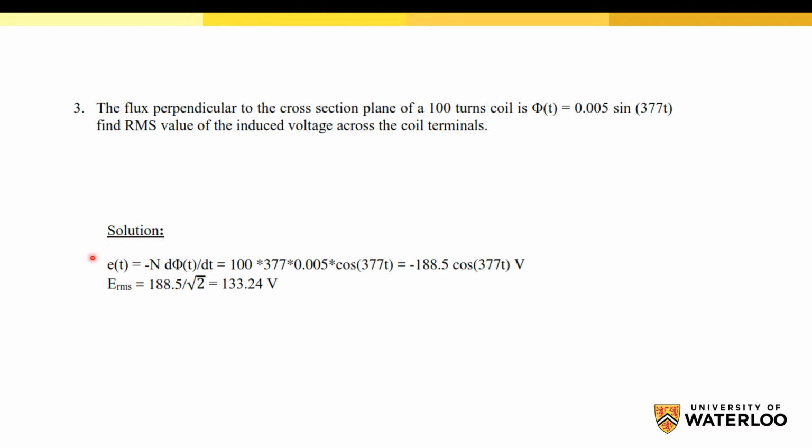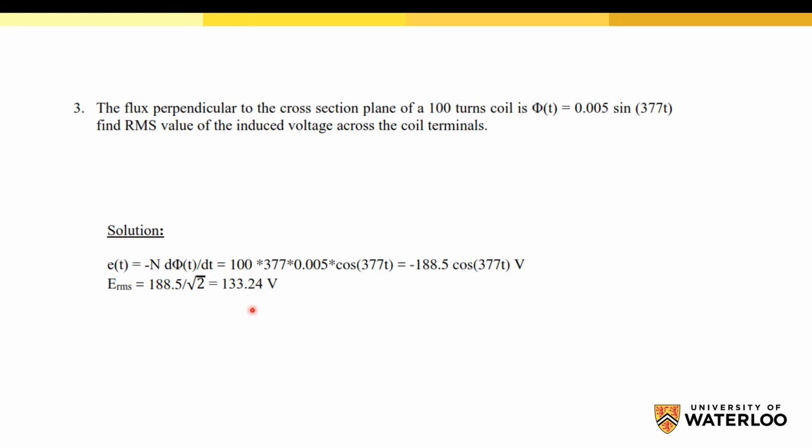And then we know the EMF as function of time. To calculate the RMS value, we know the maximum here, and this maximum over root 2 is equal to this voltage.